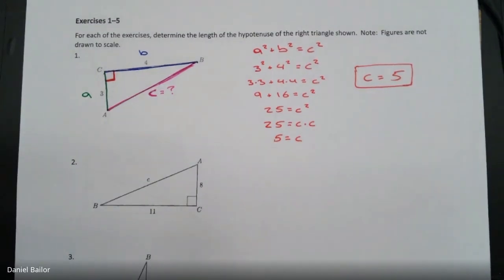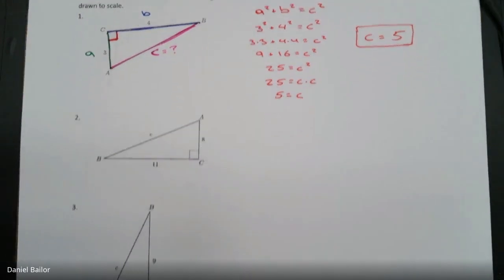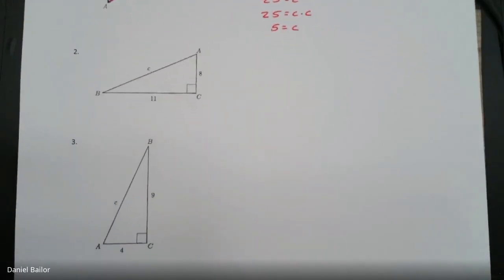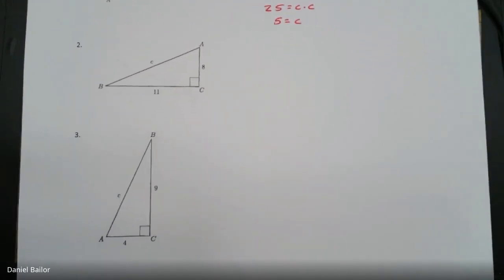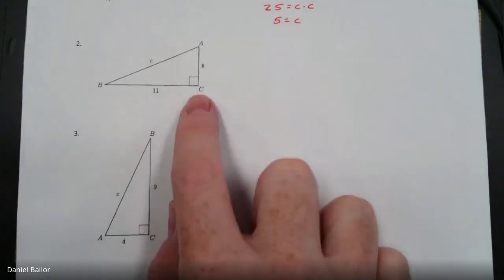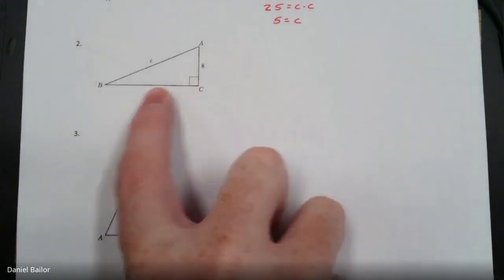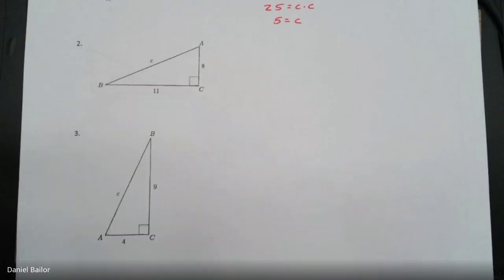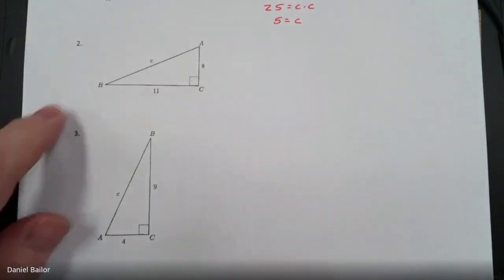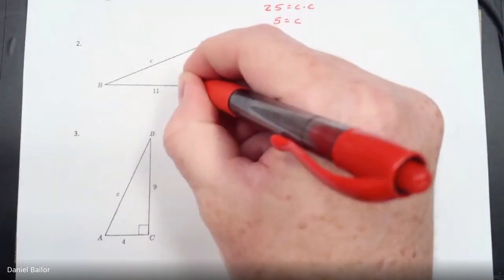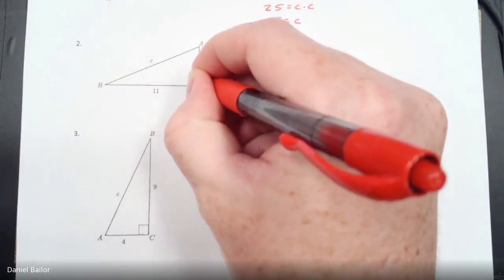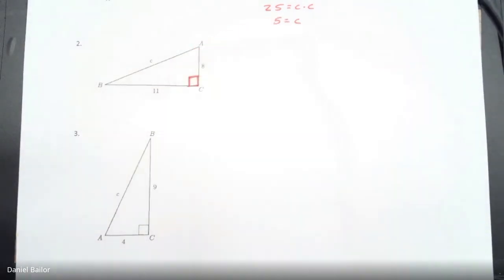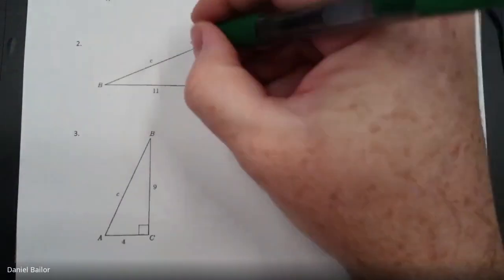For number 2, let's look at number 2. Number 2 is a different triangle, and the right angle is in a different location. It's not on the left right now. Everything we've done so far, the right angle has been on this side. But this time the right angle is over here. So find your right angle and then find the legs.